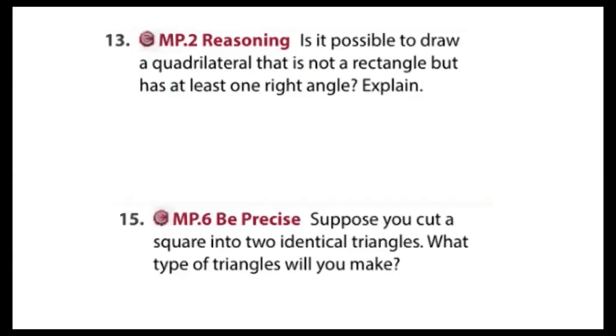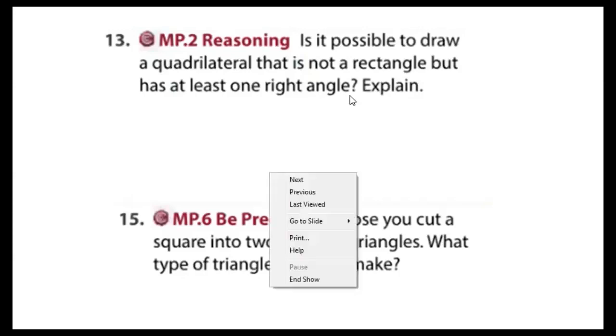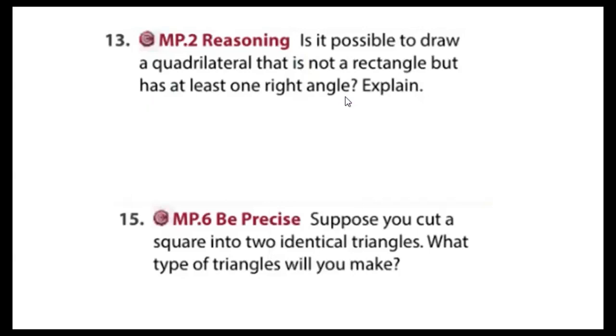Number 13: Is it possible to draw a quadrilateral that is not a rectangle, but it has at least one right angle? Explain. Can you do that? Draw a quadrilateral that is not a rectangle, but it has at least one right angle inside.